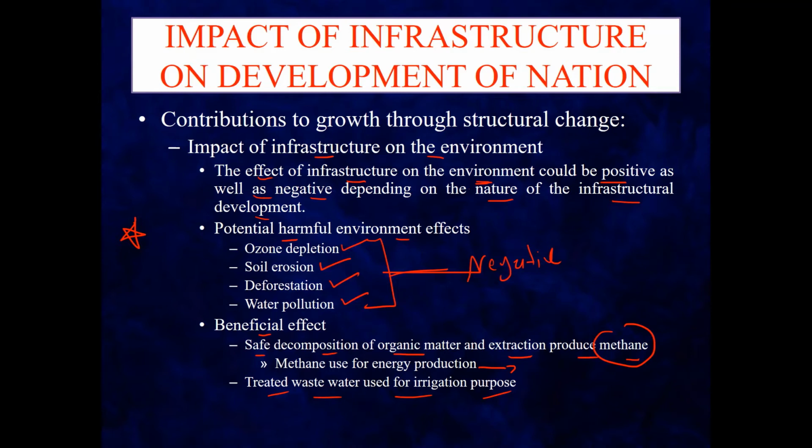But what is beneficial? If we decompose organic matter and waste from the houses, we produce methane, so we can use the methane for energy production. The same goes for treated wastewater, meaning grey water from the kitchen. We can use it for irrigation purposes if we apply some treatment method to it, right?